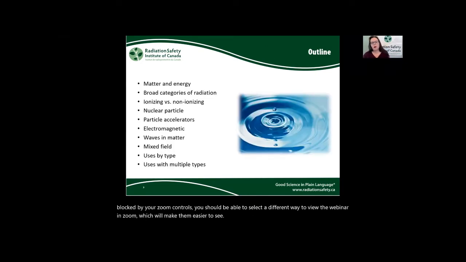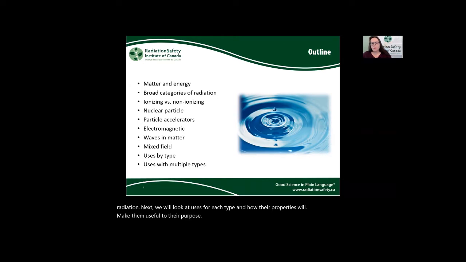In this webinar, you will learn about uses of radiation. We will start off with an overview of matter and energy, broad categories of radiation, and the difference between ionizing versus non-ionizing radiation. We will then look at radiation organized by the categories of nuclear particle radiation, particle accelerators, electromagnetic waves and matter, and mixed field radiation. Next, we will look at uses for each type and how their properties make them useful to their purpose.